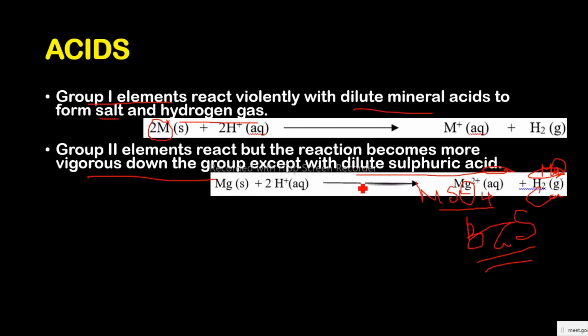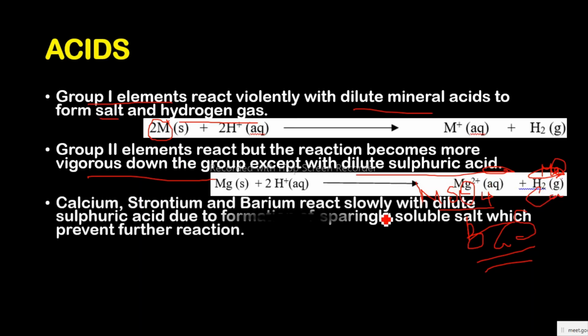So the general equation is magnesium reacting with an acid to form a magnesium salt, depending on the acid. If it is sulfuric acid, you form magnesium sulfate. If it is HCl, you form magnesium chloride, and you evolve hydrogen gas. Is that okay?